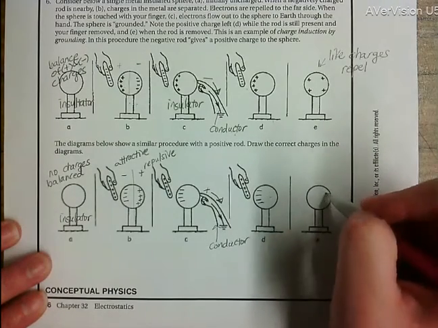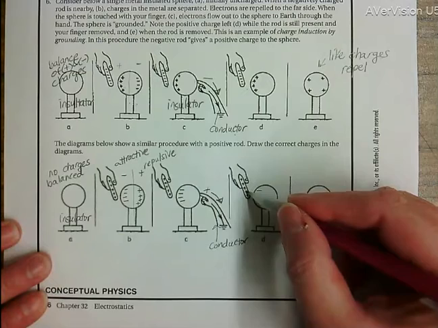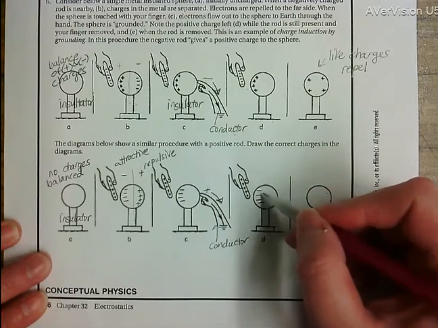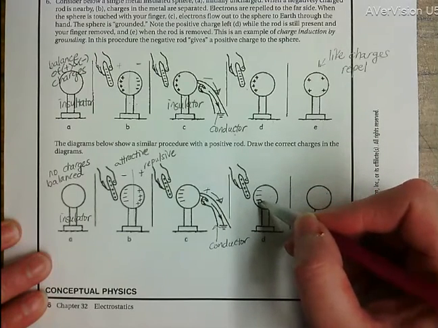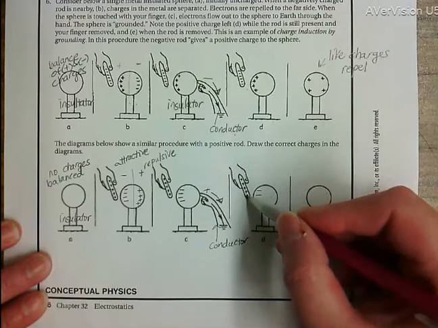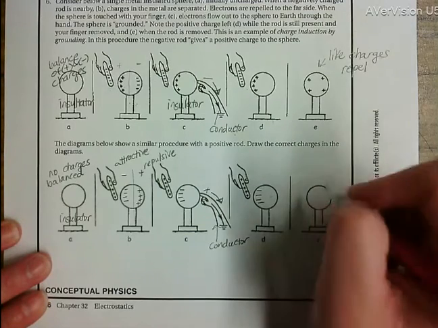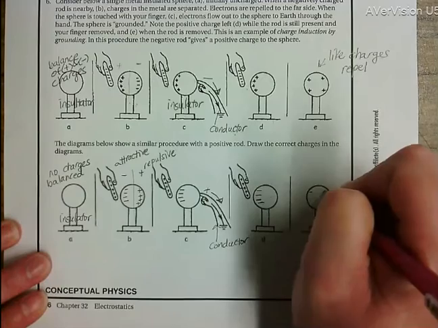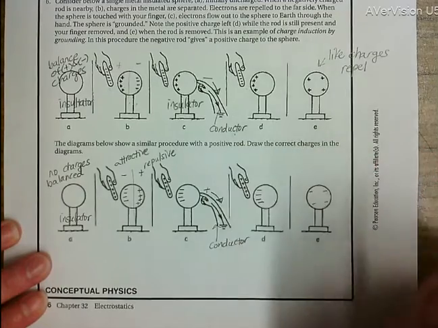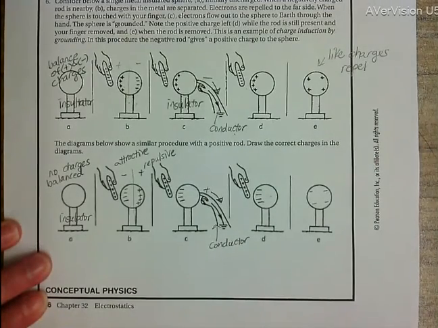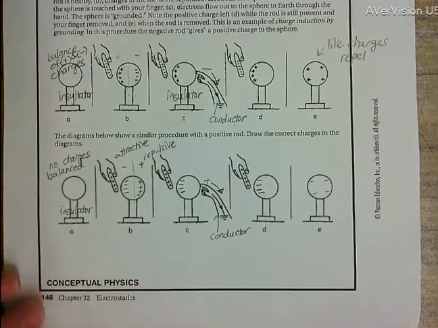And then finally, when we take this rod away, these negative charges don't really like to be near each other. They're only near each other here because they're attracted to this positively charged rod. So now they're going to spread apart. So that's what that diagram looks like.